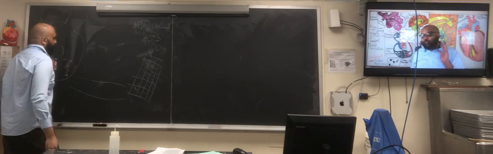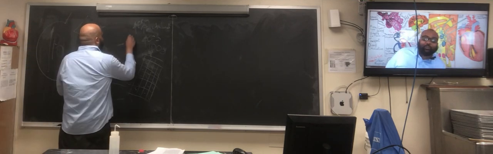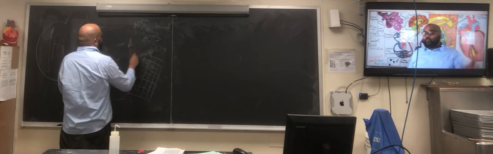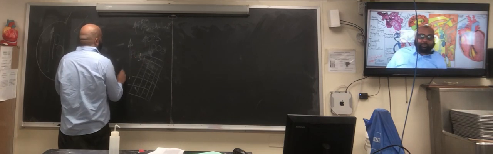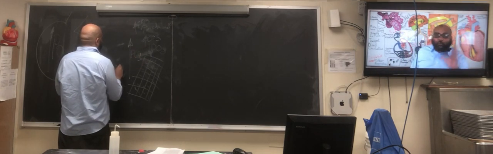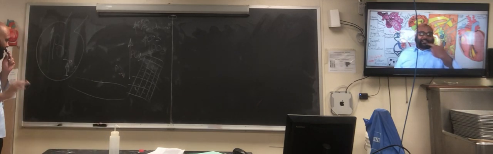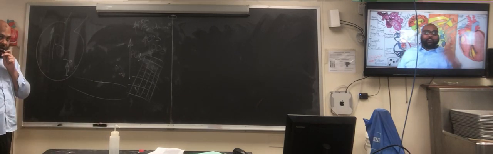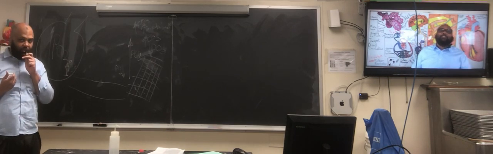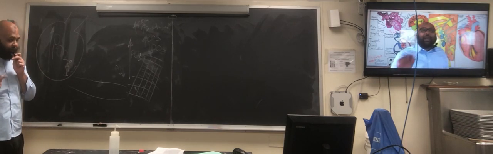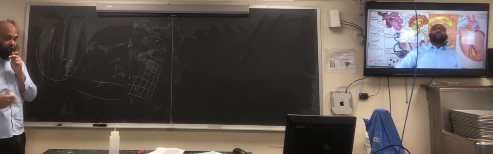In the tissue, there is very high partial pressure for carbon dioxide and very low partial pressure of oxygen. So remember the rule of hemoglobin: if you have a high partial pressure, you will be taken on the ride. But if you have a low partial pressure, you will be unloaded.